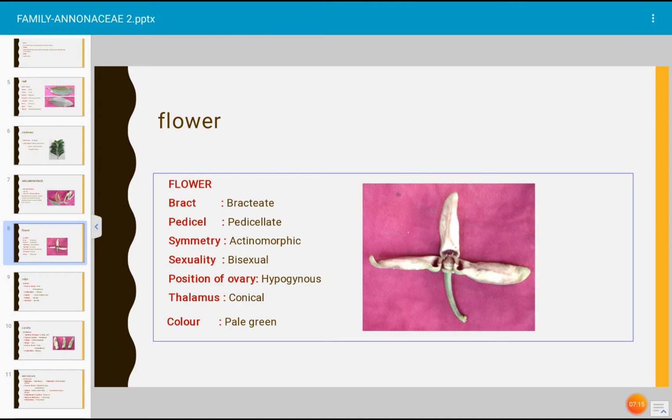A very important characteristic feature of the Annona squamosa plant is that a conical thalamus is present at the center of the flower. Thalamus is a conical structure as shown in the photograph. That is the conical structure present, and this is the characteristic feature of the Annona squamosa plant. And the color of the flower is green. Next.